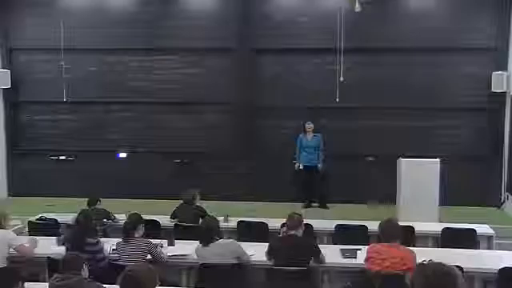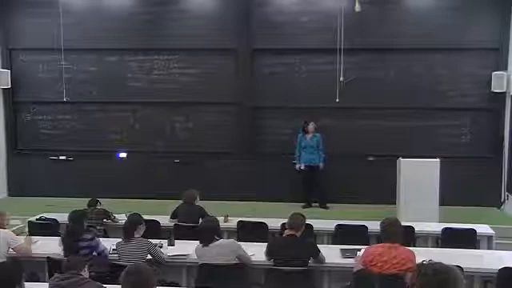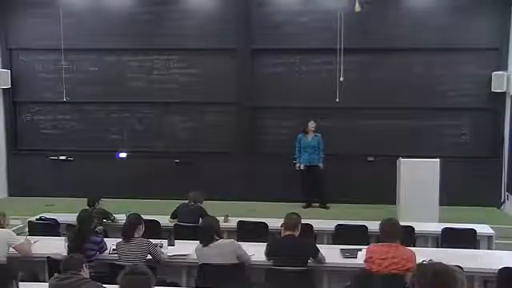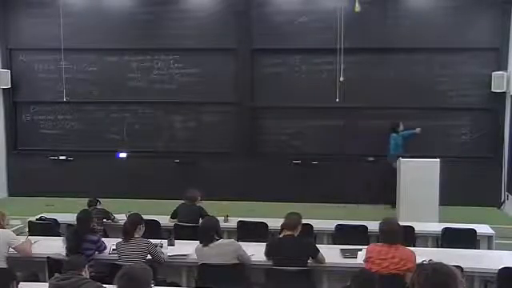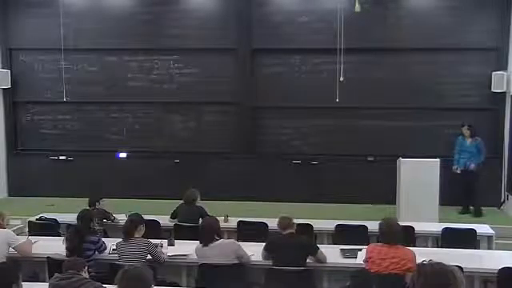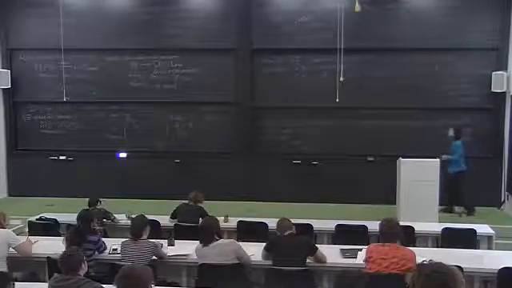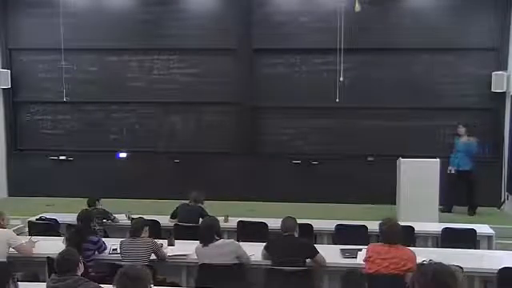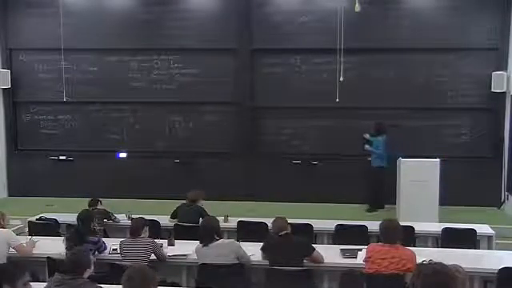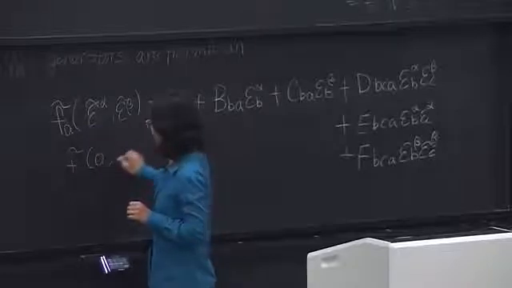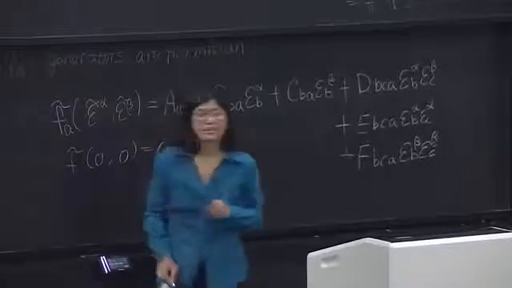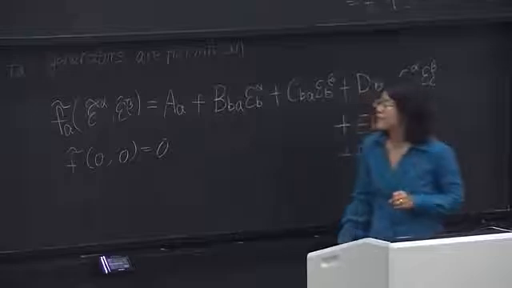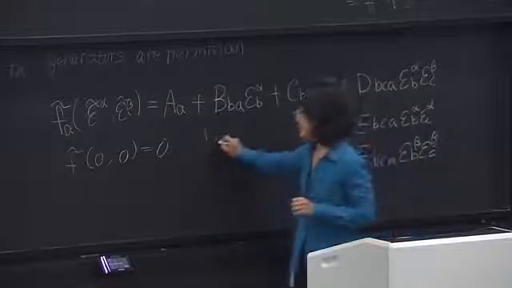You're like, you must be kidding me. Yeah, we need to find all of these things. Not really. Remember, we have an enlightening observation. We know F tilde at 0, 0 is 0. That immediately tells us this term doesn't exist.